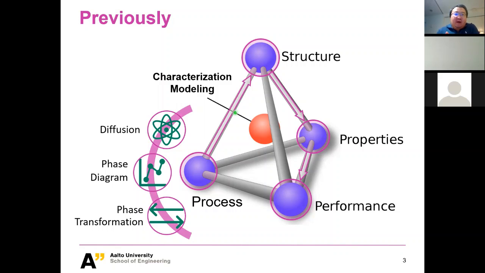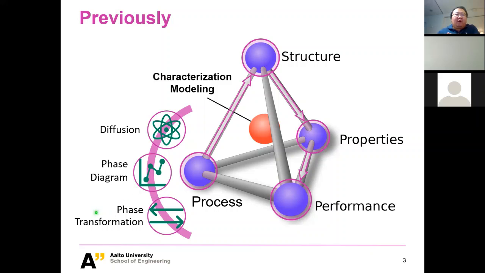As you can see, I tried to get a small icon for you. That is something related to atom level phenomena. Then you will need the tool called phase diagram to be able to design your processes later on. And in the end, we will introduce the most important thing, which is called phase transformation.